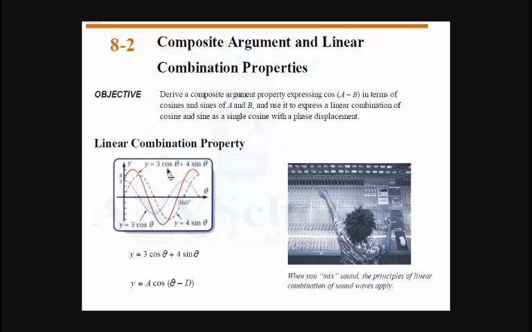These two sinusoidal functions have their own characteristic graphs. The dashed line with the smaller dashes is the 4 sine theta, and the one in long dashes is the cosine theta.